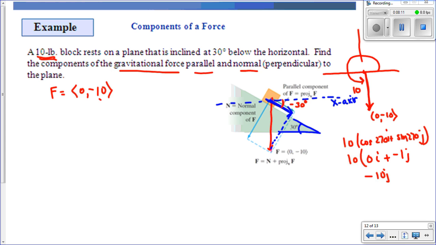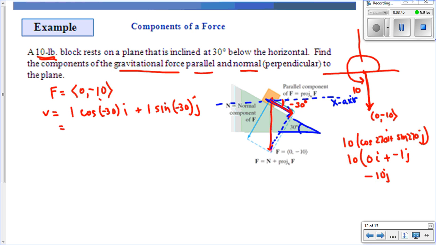So if I want to find a vector going down the plane, I'm going to assume that it just has length 1. So that vector v, which is representing the slope of that plane, would be 1 times cosine of negative 30 i plus 1 times sine of negative 30 j.